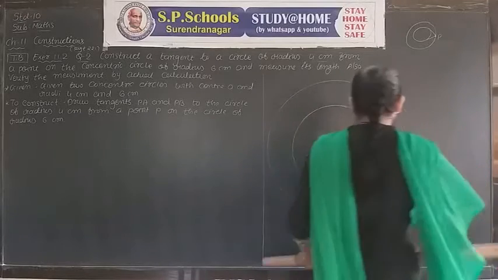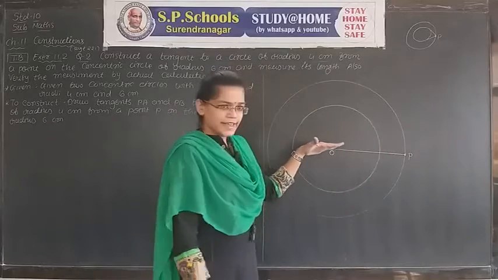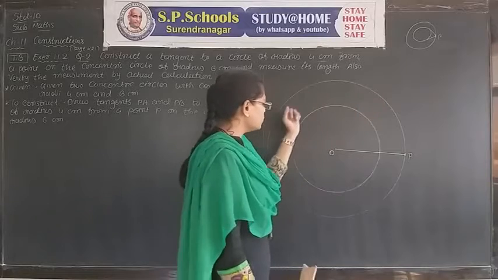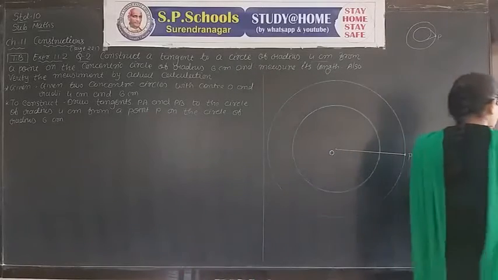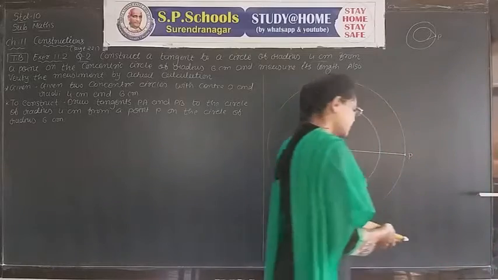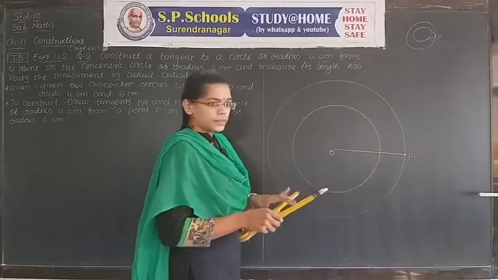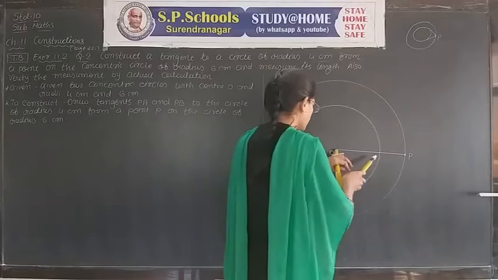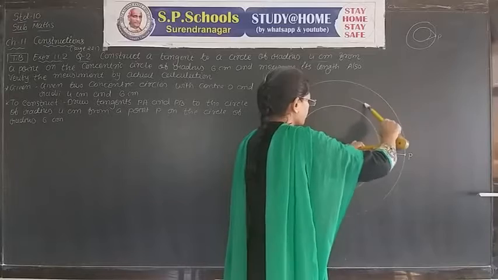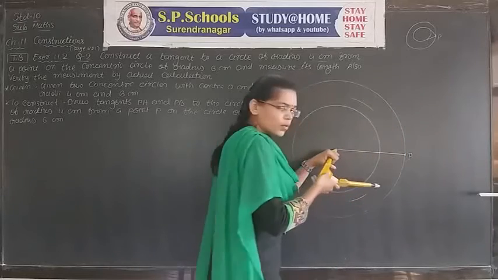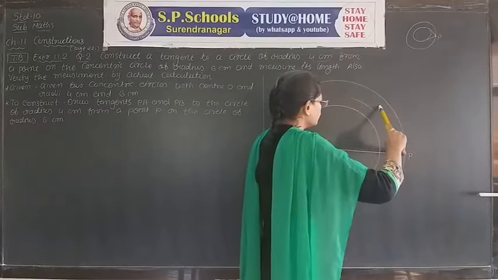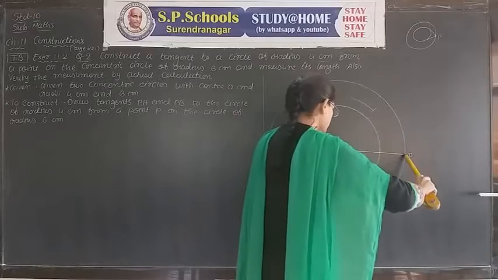It is not compulsory that OP is exactly a straight line; it can also be inclined. You can take P anywhere on the circle of radius 6 cm. Now we draw the perpendicular bisector of OP. Take a radius more than half of OP and draw two arcs on both sides of OP. Then take P as a center and draw arcs intersecting the previous arcs.